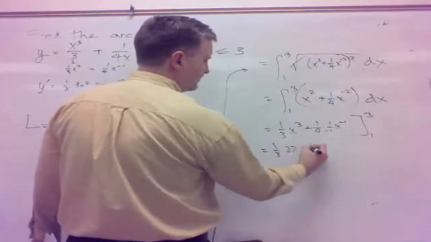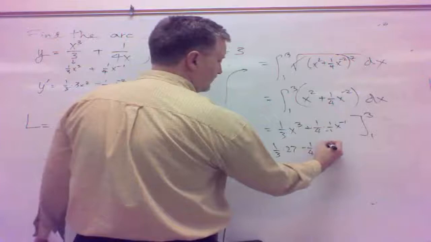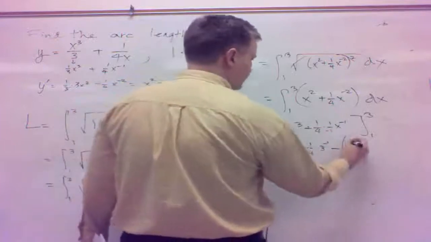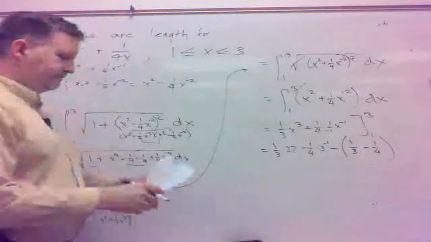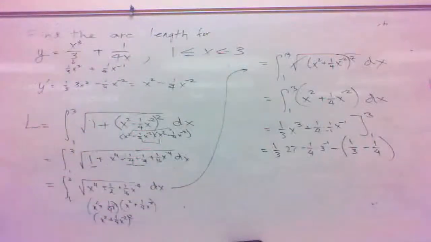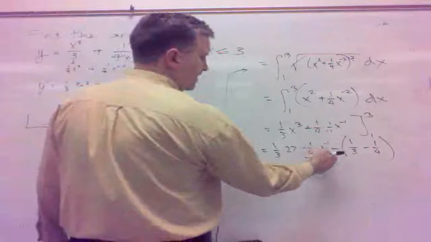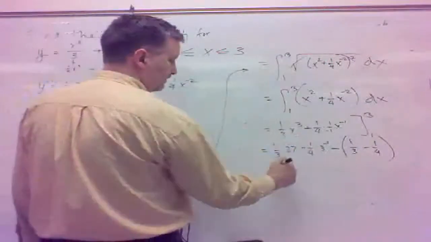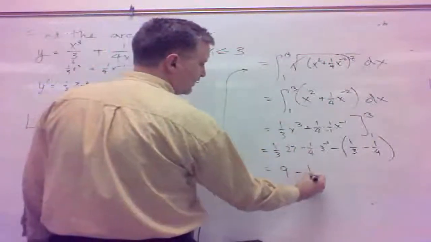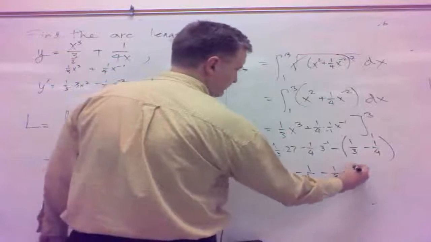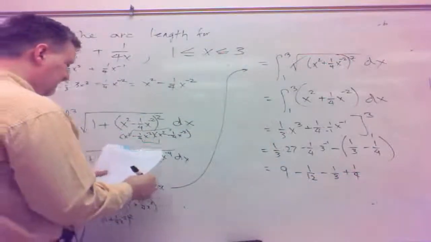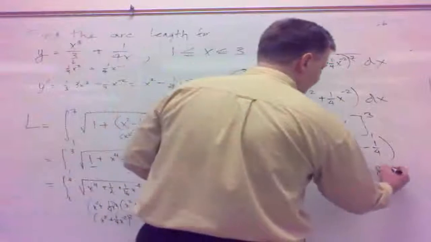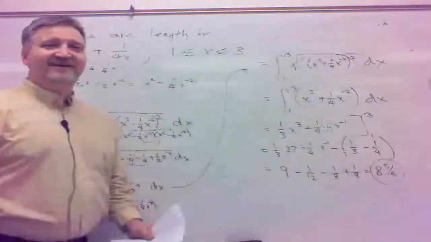That would be minus a fourth, 3 to the negative 1, minus, plug in 1, it'd be 1/3 minus a fourth. I believe that is right. Of course, 3 to the minus 1 is 1/3, so that's 1/12. So this is 9 minus 1/12 minus a third plus a fourth, which works out to be, by my notes anyway, 8 5/6. That one does have a pretty nice arc length.